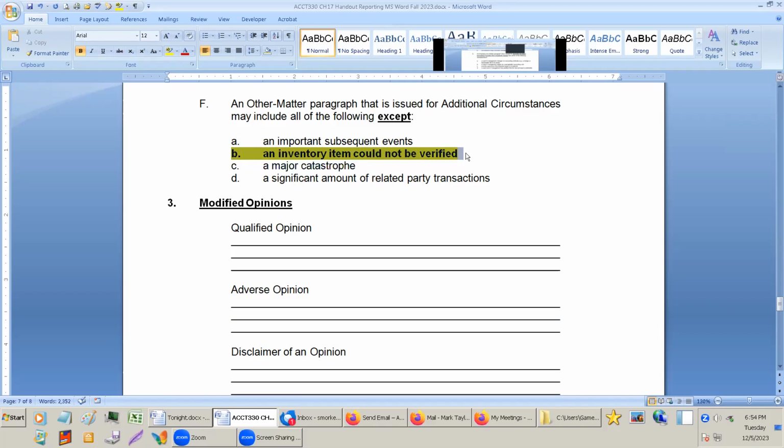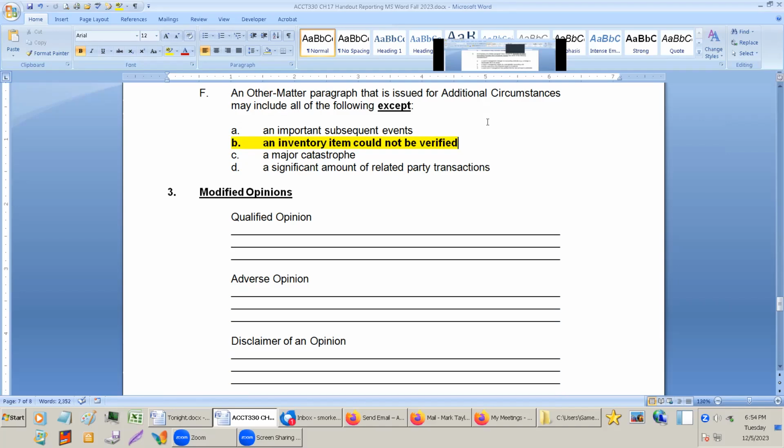But if it is not material, forget about it. Just because it could not be verified, you generally don't put that in other matter. This is usually for big stuff: important subsequent events, major catastrophe, related party transactions. Those are all things that might be important to investors and so on.